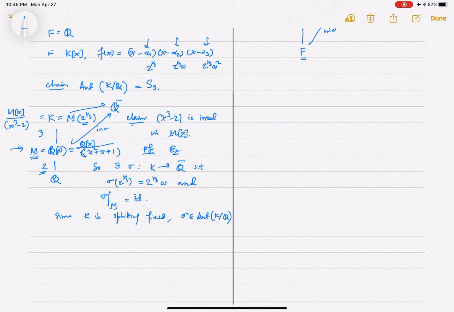So now you have constructed an automorphism in Aut(k over m), which sits in Aut(k over Q), because if it fixes m, it fixes Q certainly. Anyway, any field automorphism is going to fix rational numbers, because it takes 1 to 1 and so on.